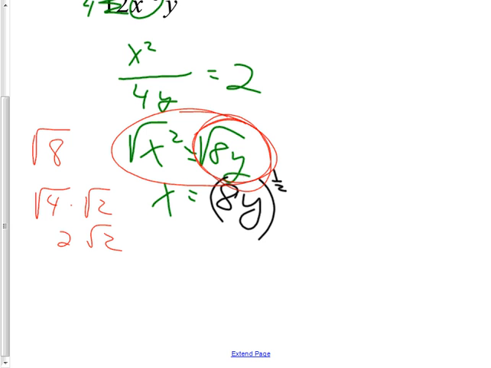That's what I was looking for. So x equals plus and minus, because we did square roots on both sides, 2 root 2, but then where does the y go? Inside, because the y was underneath the square root here, and it still is. There's the best final answer. Did anybody have that on your paper? Nice work. That's impressive. Okay.